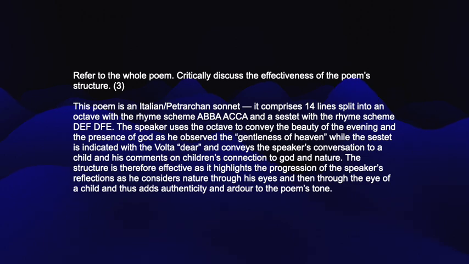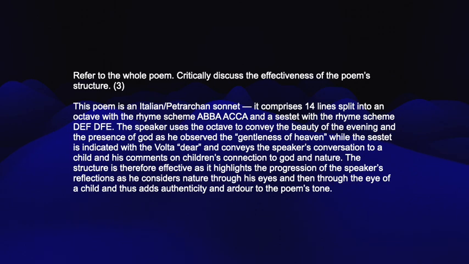And question 4, refer to the whole poem, critically discuss the effectiveness of the poem's structure. The poem is an Italian or Petrarchan sonnet. It comprises 14 lines split into an octave with the rhyme scheme ABBA, ACCA, and a sestet with the rhyme scheme of DEF, DFE. So here we have that structure mark. Now we're going to discuss it.